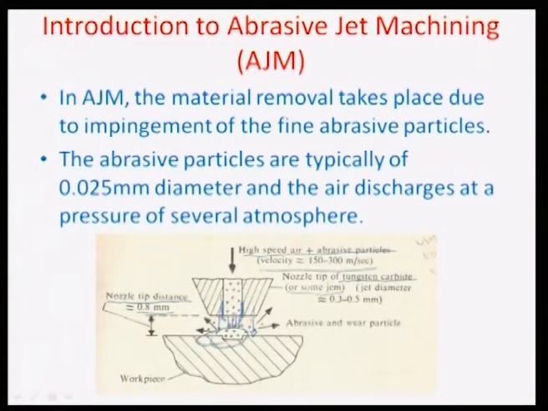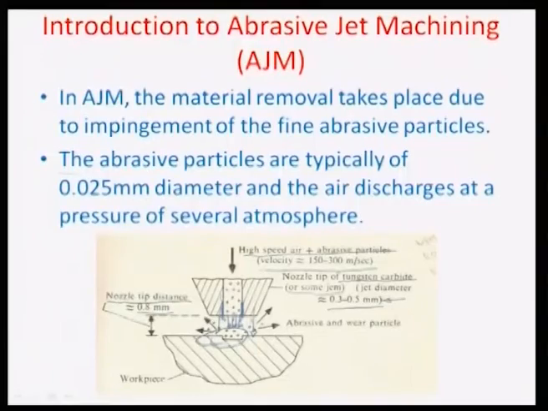So the wear of the tip should be minimal in nature. Typically the diameters of such tips are about 0.3 to 0.5 millimeters, about 300 to 500 microns, and this gives us an opportunity to really work at a micro domain and get very small areas machined using such AJM or abrasive jet machining techniques.